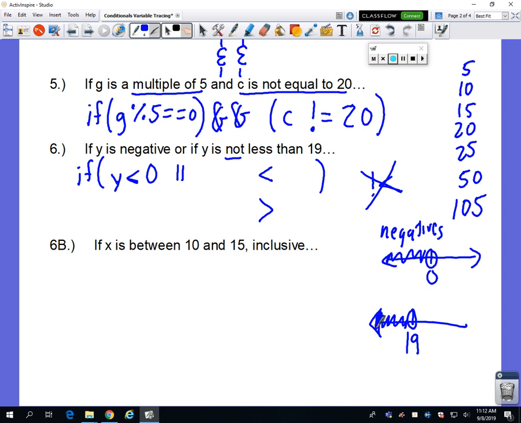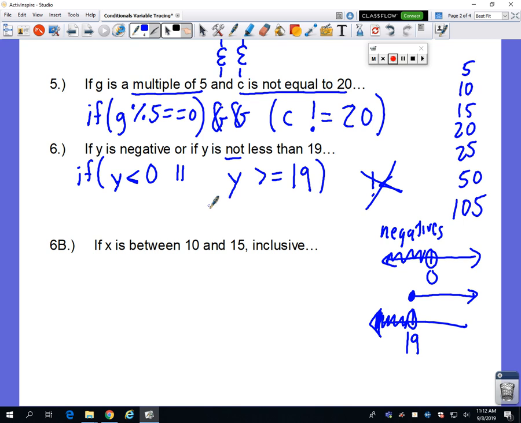So the opposite of that would be numbers that are not only greater than, but also equal to 19. So the opposite of less than is greater than or equal to. So let's just put that up here. And that's pretty much it.